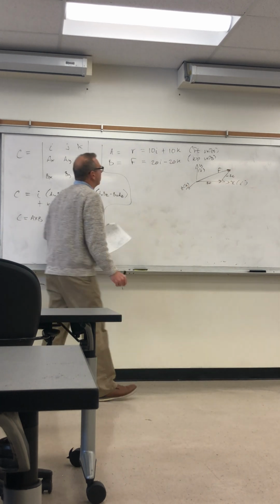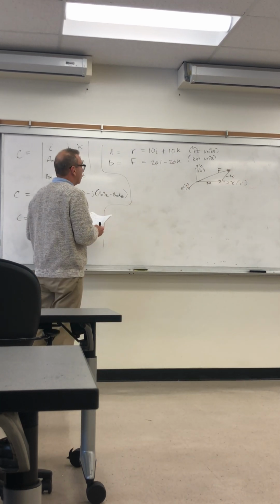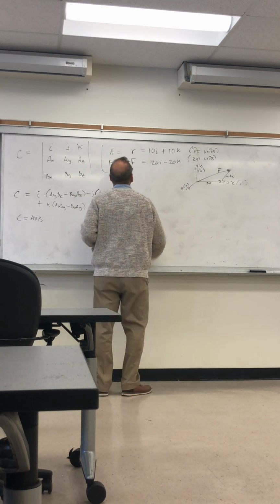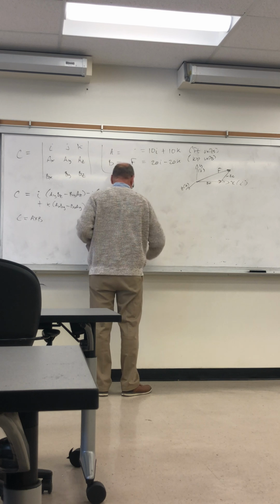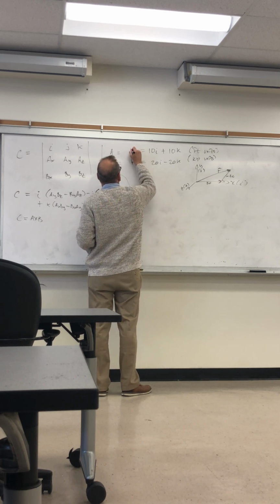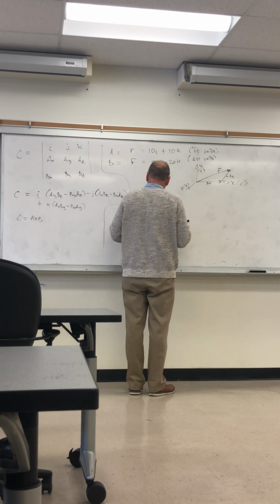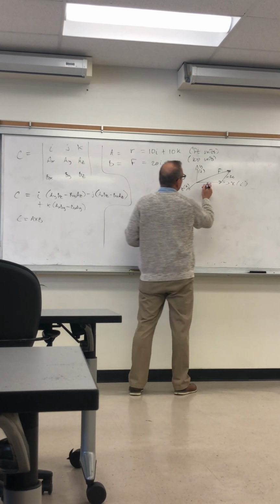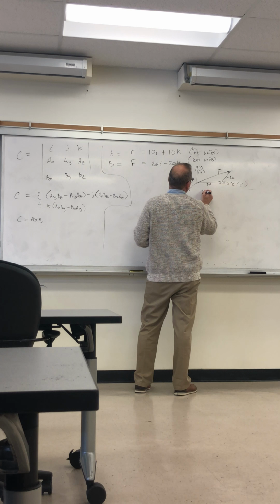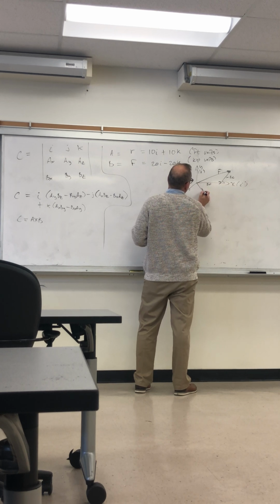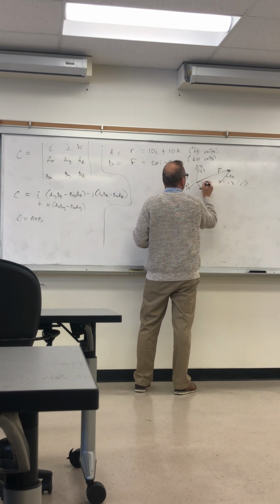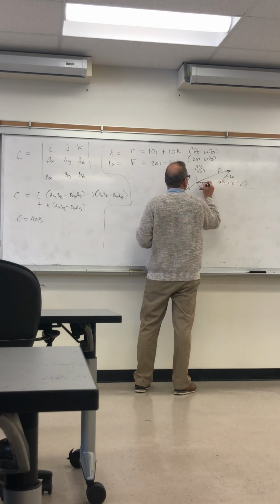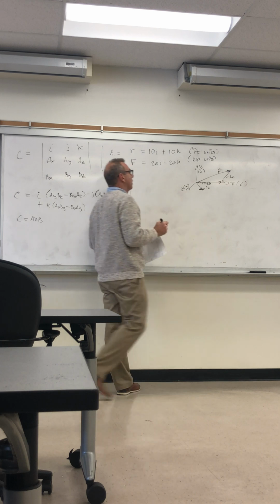And then the radius, or the R value, is 10 and 10. So here, like that. This is 10 and positive 10 with that.